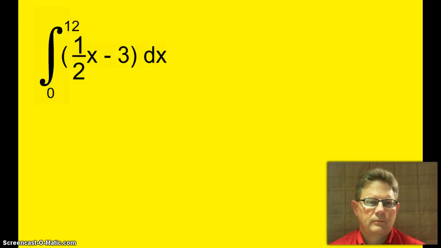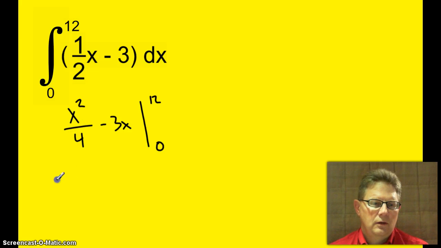Moving right along. Alright, from 0 to 12 of 1/2 x minus 3 dx. Again, the antiderivative: x squared over 4 minus 3x, evaluated at 12 and 0.